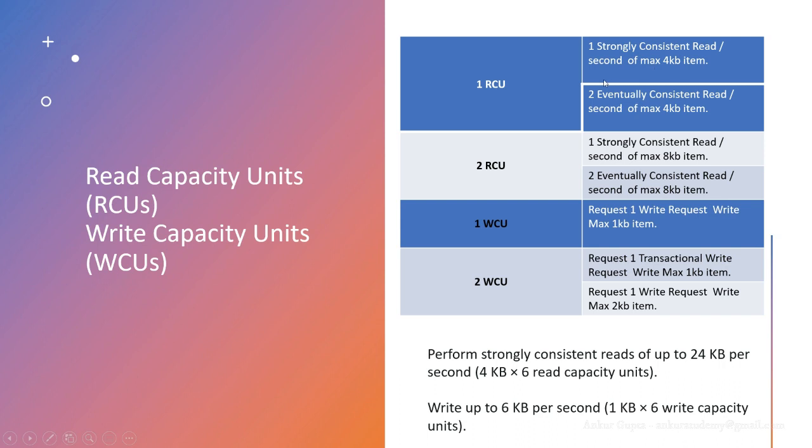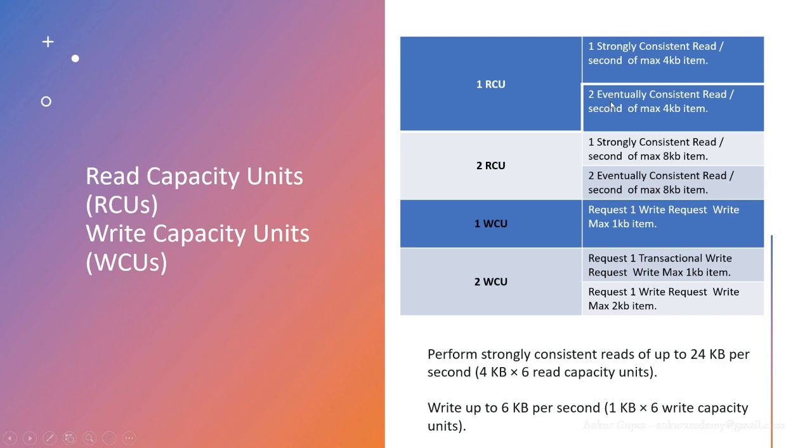Now one RCU is nothing but one strongly consistent read per second of a maximum 4 KB item. So let's say you have a JSON of 4 KB and you do one strongly consistent read every second, then you will consume 1 RCU of throughput.